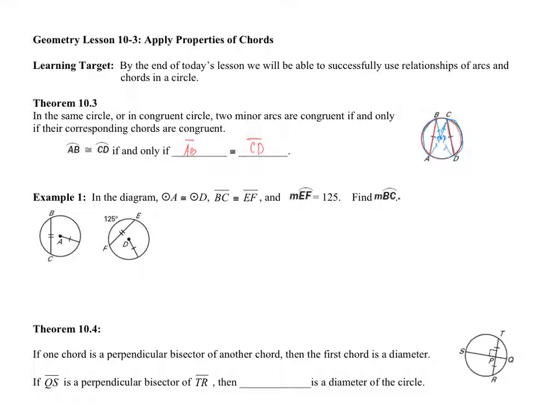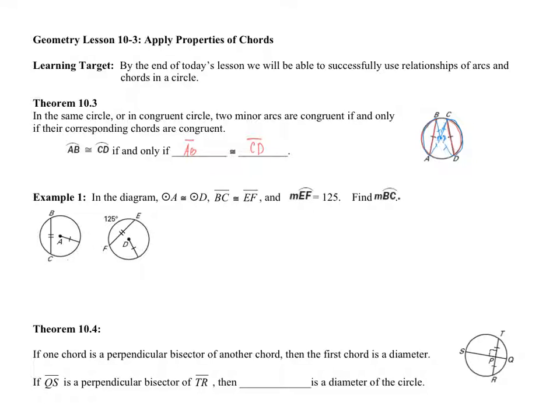Example 1. In the diagram, circle A is congruent to circle D. Segment BC is congruent to segment EF, and measure arc EF is 125 degrees. Find measure arc BC.